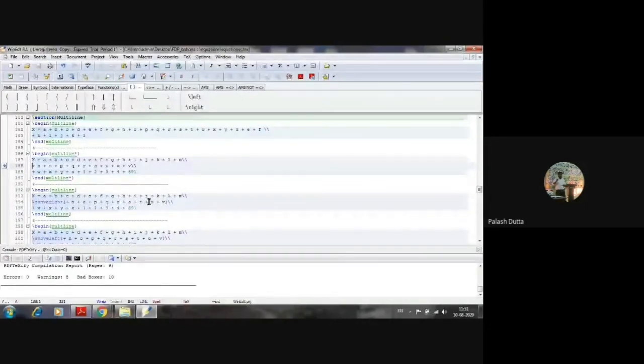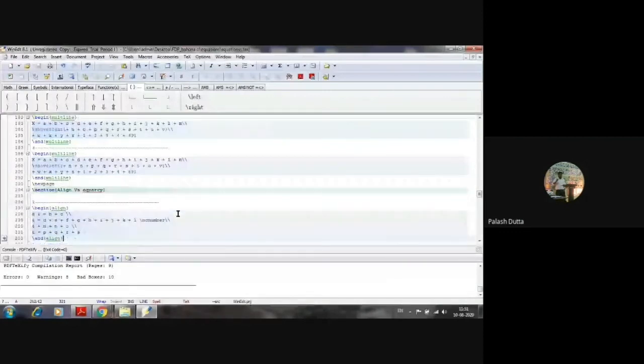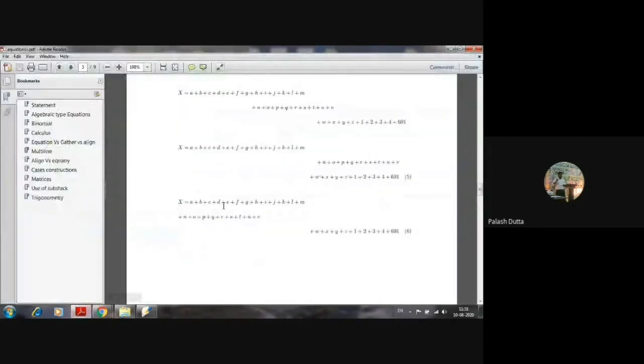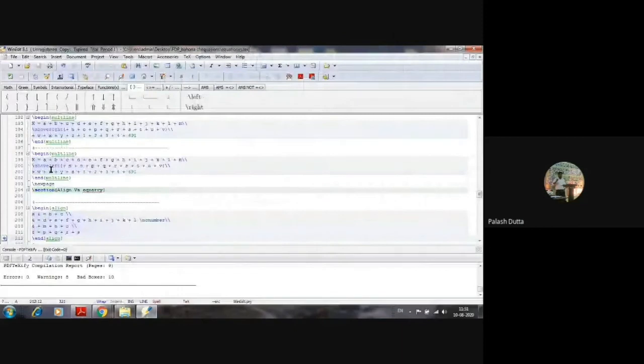In a similar way, suppose the same statement I think I have written here. This is a bit different. Oh yeah, right here I have written left. So left, then this expression will move to the left side, or will become left justified.